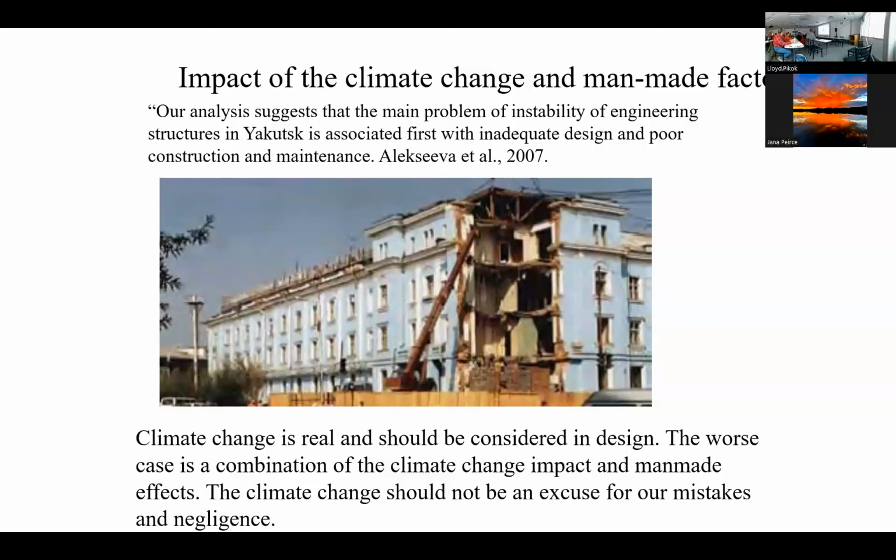From the point of view of climate change, permafrost in the tundra says, okay, it's getting warmer. But if you put, for example, an asphalt road over permafrost, permafrost doesn't know you put an asphalt road. Permafrost understands that the temperature just jumped.